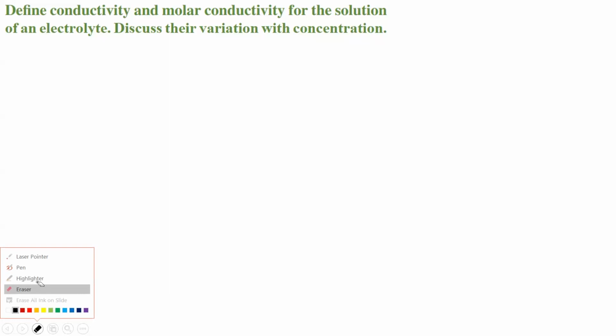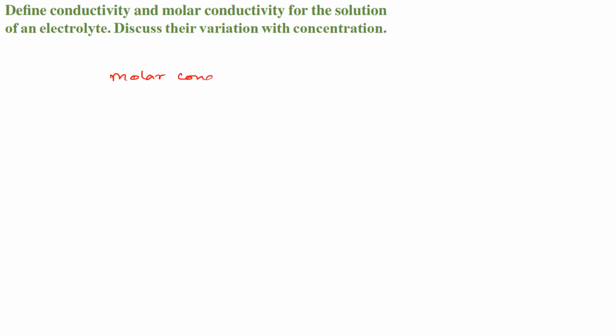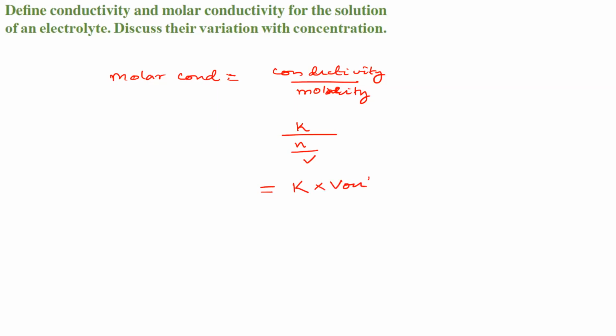Molar conductivity is equal to the conductivity divided by the molarity, the molar concentration. Molarity is number of moles divided by volume, so this will be equal to kappa into the volume, upon the number of moles. Right? Yes or no? This is the molar conductivity. Correct?